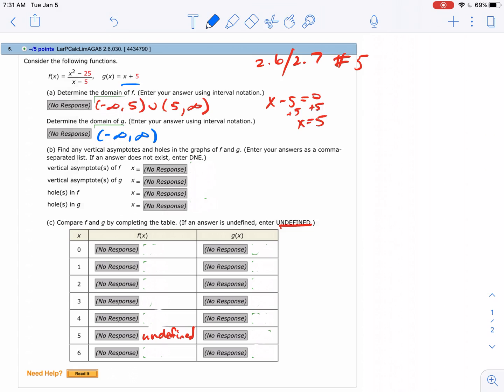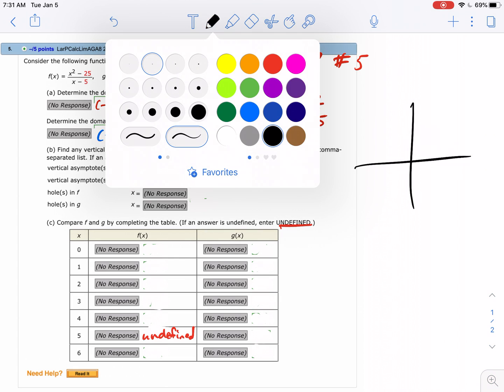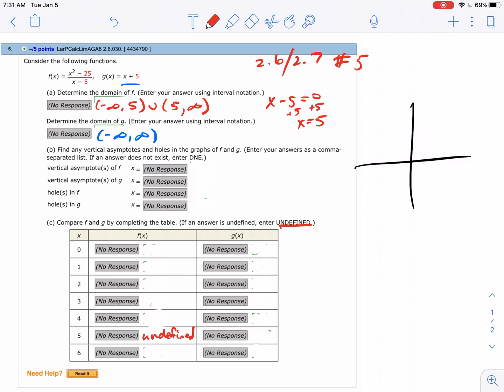So when we go back and think about the graph that we saw, the one at 5 was a line through here, but it must have had a hole in it. And then the other one was just the straight linear. So that's what's going on in this problem.